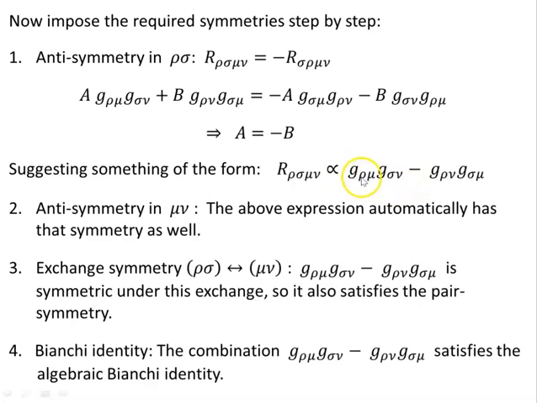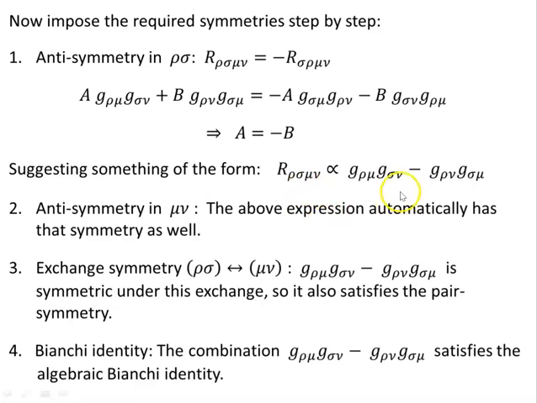So ρμ interchanged is the same as the metric with indices μρ, okay, assuming there's no torsion on the manifold. Now, let's have a look here. Anti-symmetry in μν. The above expression automatically has that symmetry as well, as I was just pointing out. You can swap these two here and the symmetry still applies.